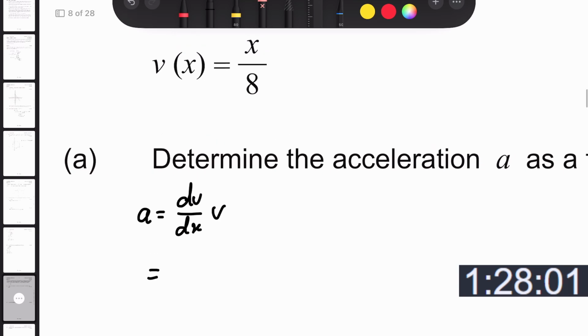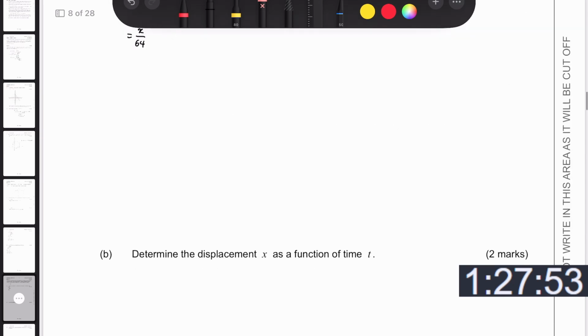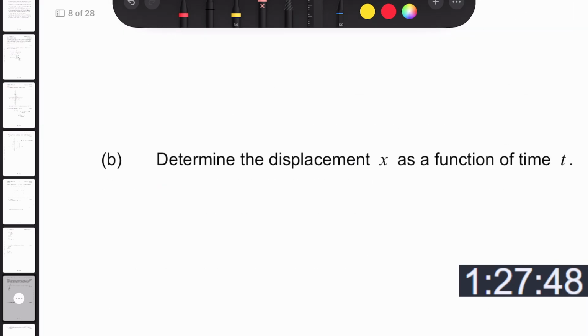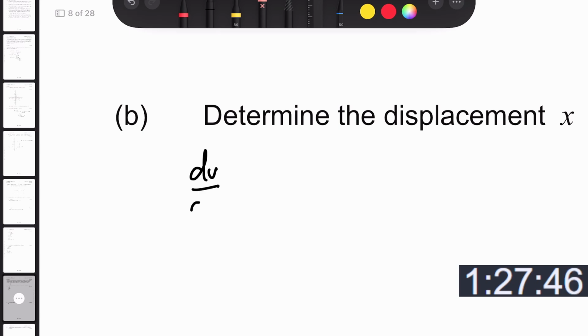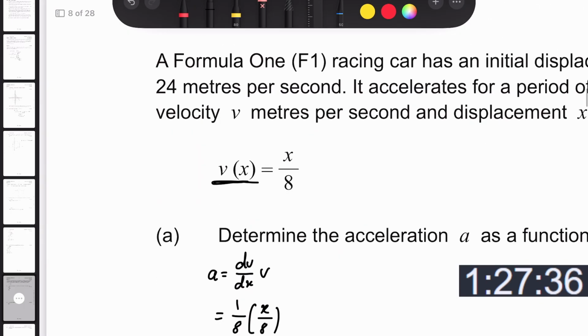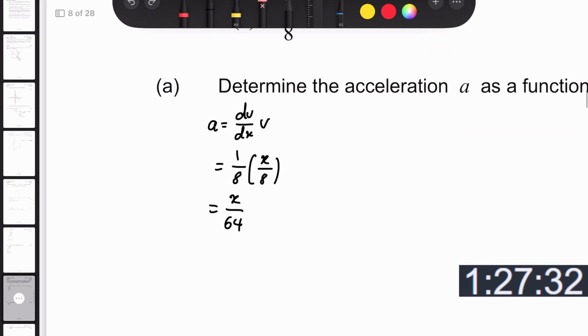So dv dx here is just going to be 1 on 8, times x on 8. So it's going to be x on 64. Determine the displacement as a function of time. So since we have that dv dt is equal to x on 8, sorry, dx dt, because velocity is just the derivative of displacement.